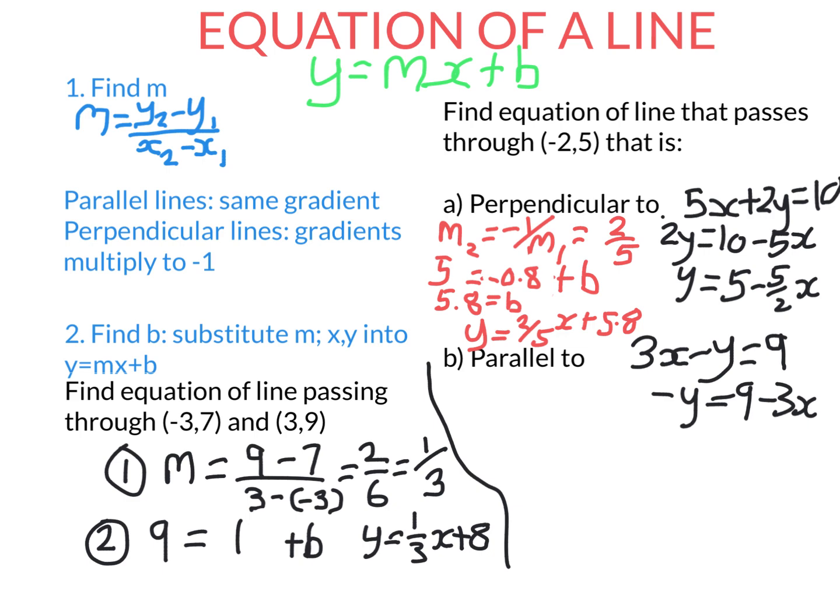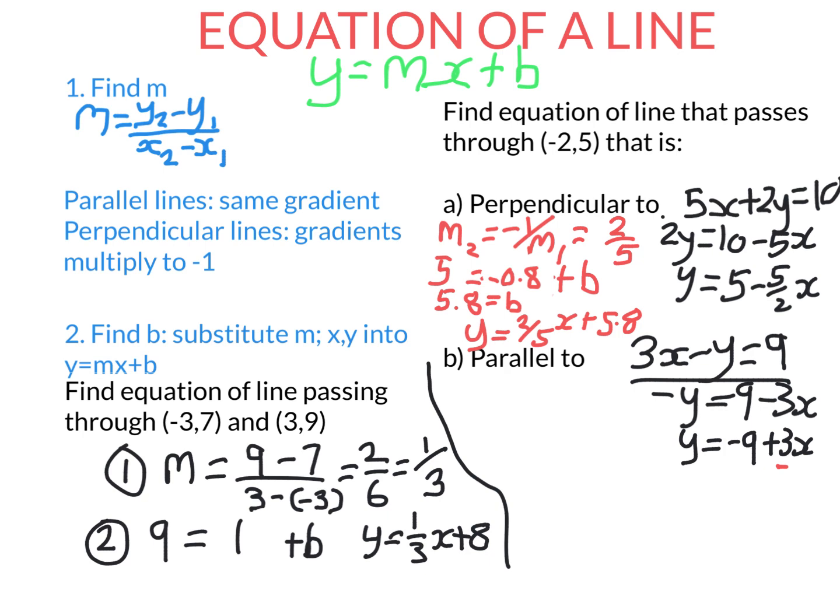Now, I can change the sign of this side as long as I change the sign of everything on the other side. Essentially, we're multiplying each side by -1. So I get y equals -9 plus 3x. The gradient of this line here is +3. So any line parallel to this line will also have gradient 3.